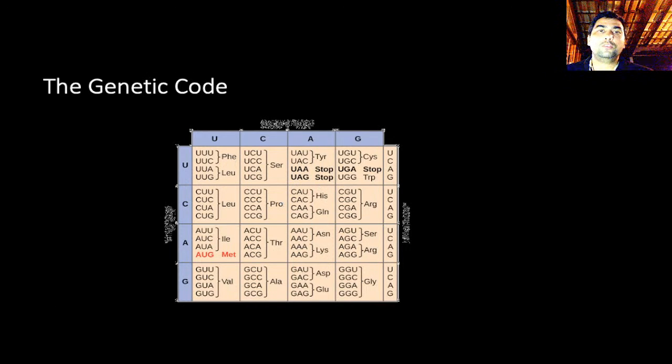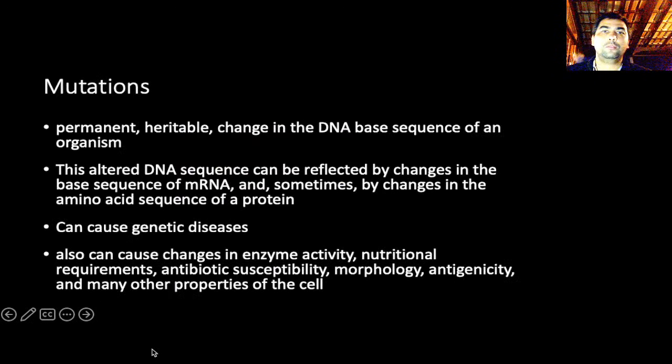Important to remember: AUG for the start codon, or for methionine, and UAA, UAG, UGA for the stop codons. The other ones are impossible to remember all.